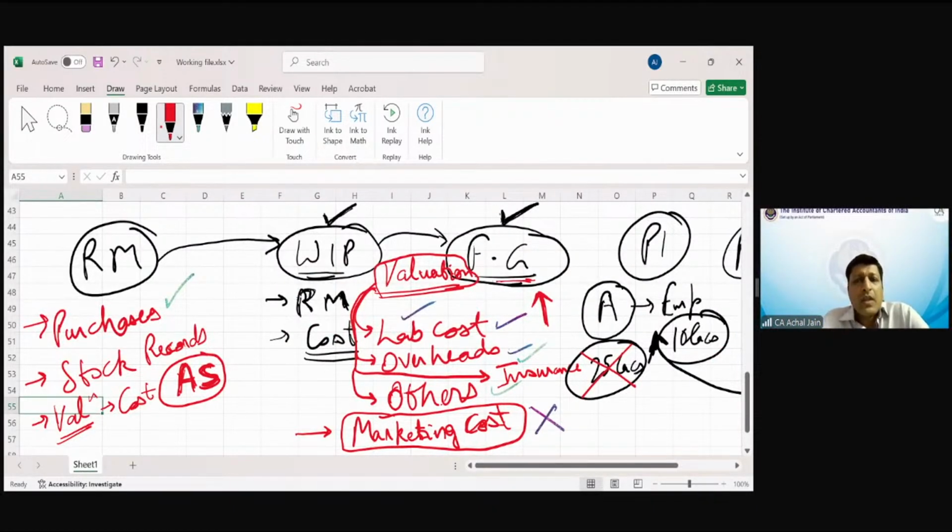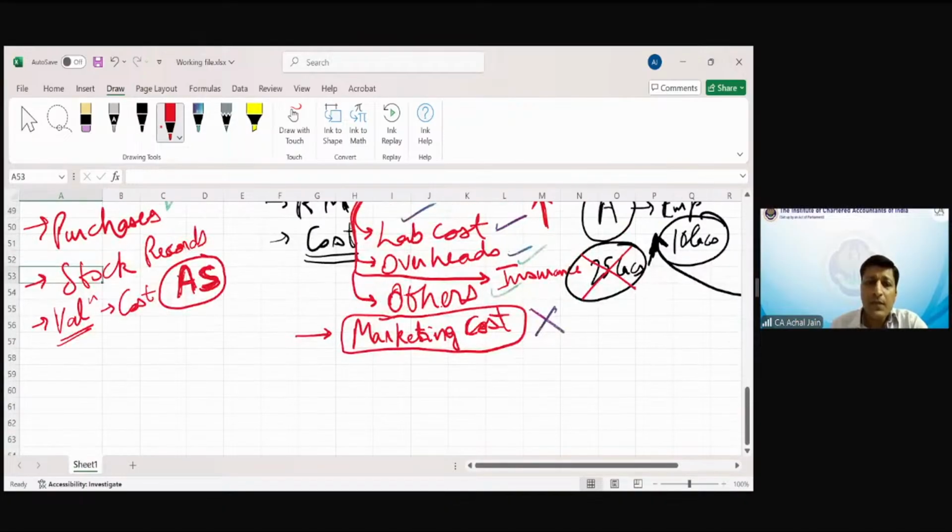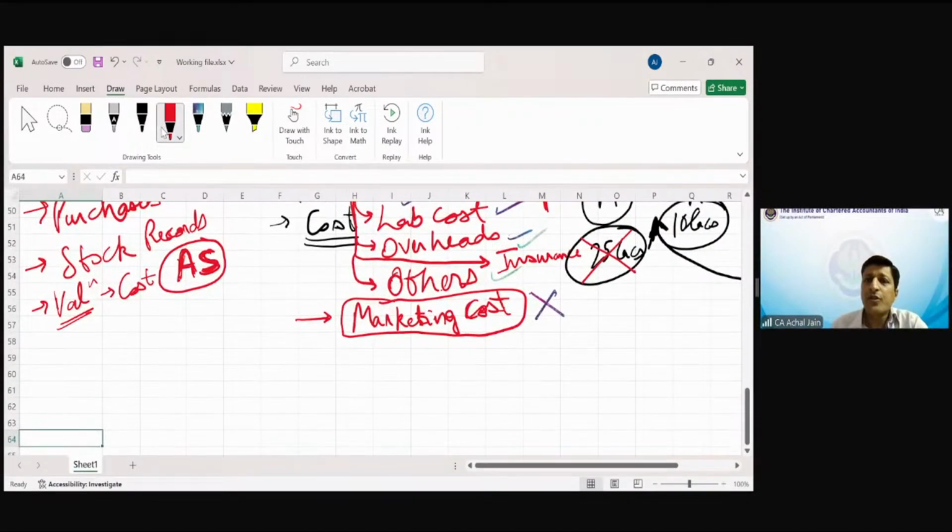Yes or no? He may not be able to do that. Further, let's suppose auditor has done the assessment of cost. Now, what is going to be the next step? NRV.